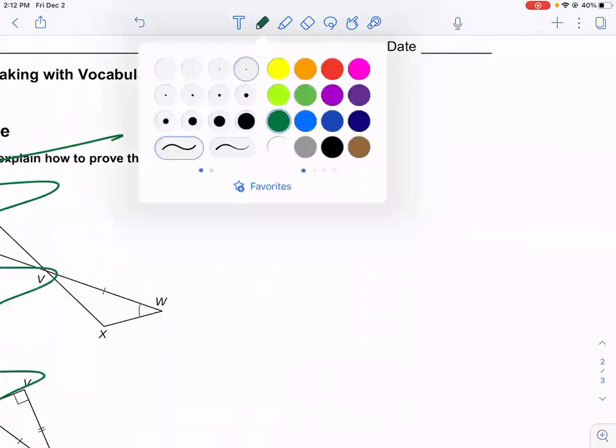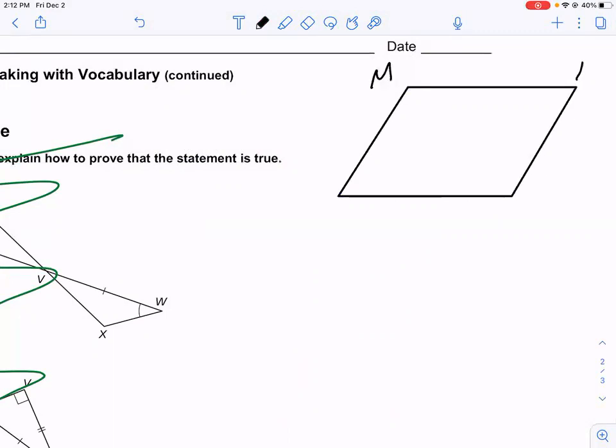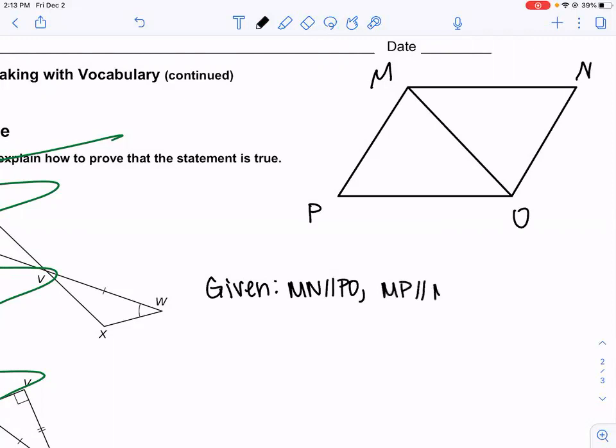Up in this space over here, I want you to draw this parallelogram MNOP. I am giving you that MN is parallel to PO and MP is parallel to NO.